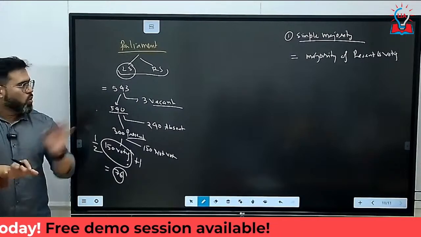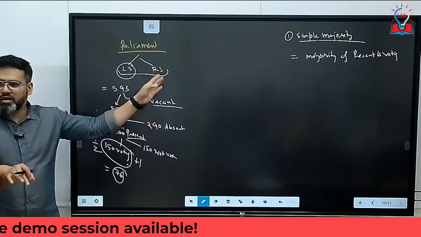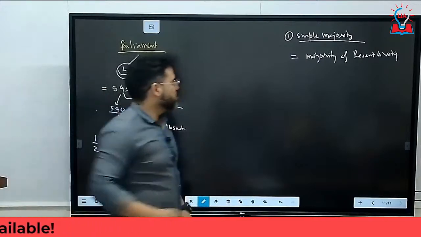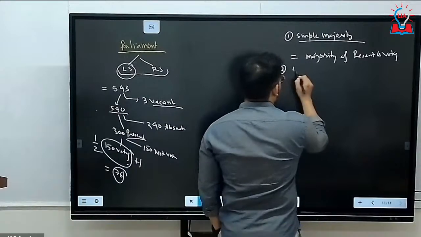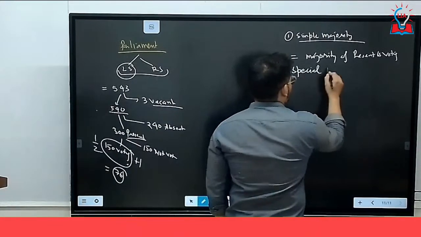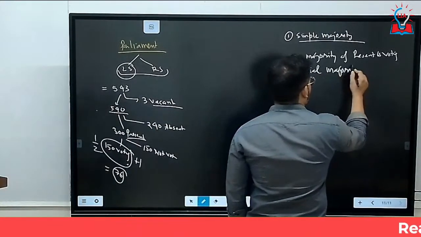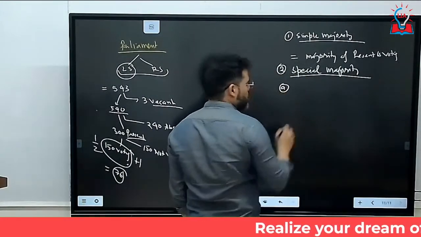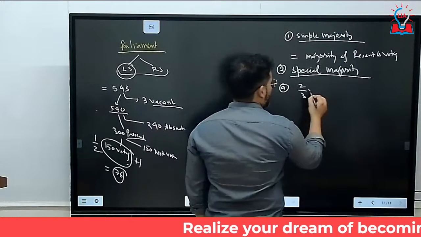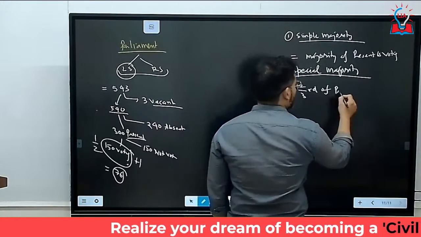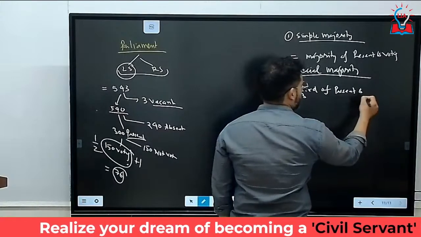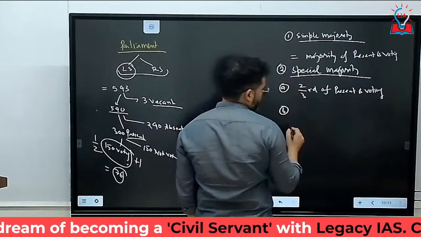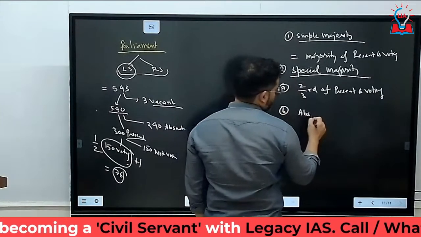Make it this clear: once it is passed here, it will go to the Rajya Sabha, which will also pass it in the same manner. Now what is special majority? Next is special majority. It means two things. First is 2/3 of present and voting, and second thing is absolute majority.